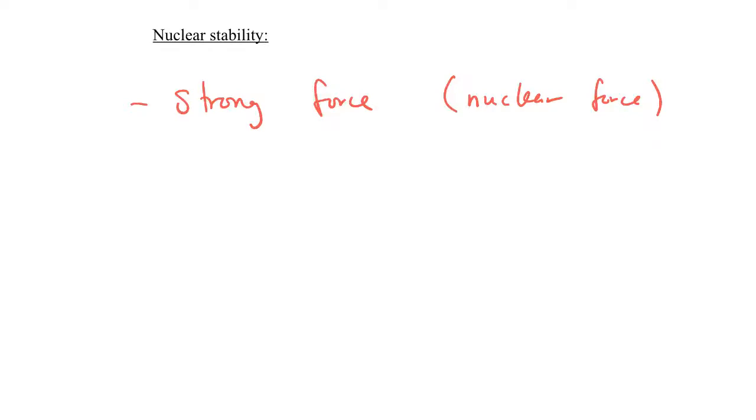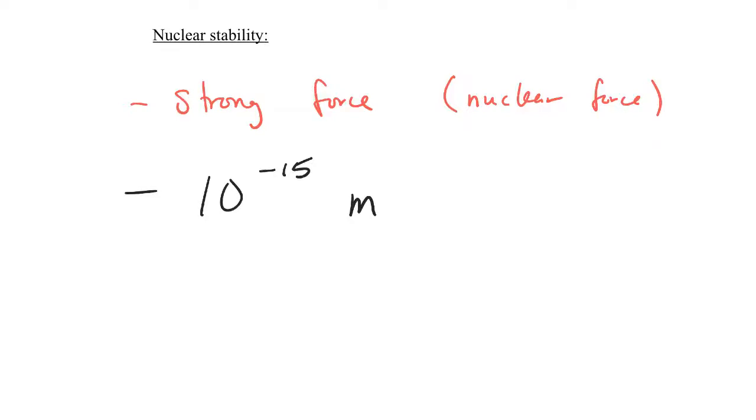Two protons by themselves want to shoot apart, but the strong force is holding them together. It has to be on very, very small distances. We're talking way below nano. Nano is 10 to the negative 9. This is on the order of 10 to the negative 15 meters. So a very, very small distance between them.